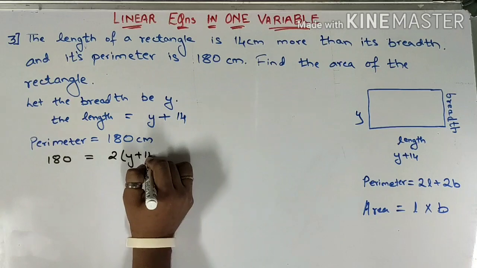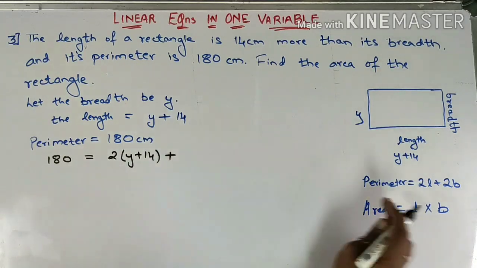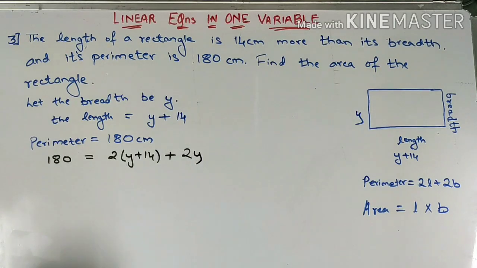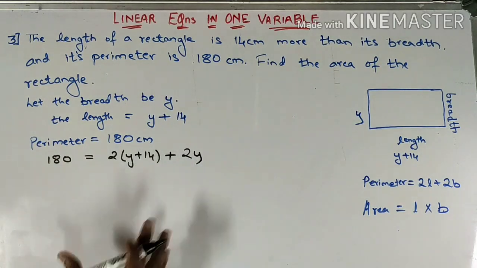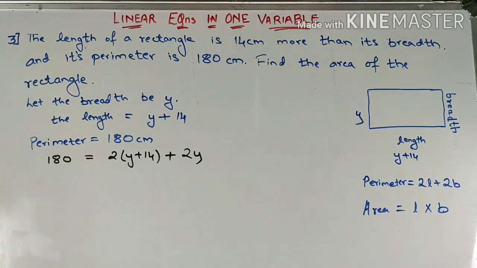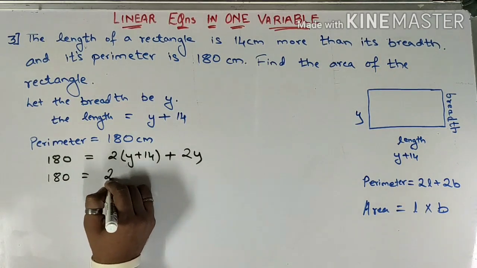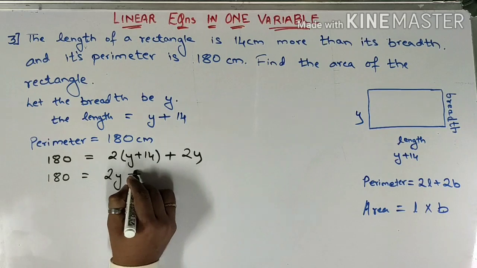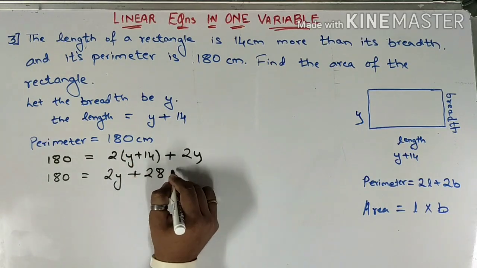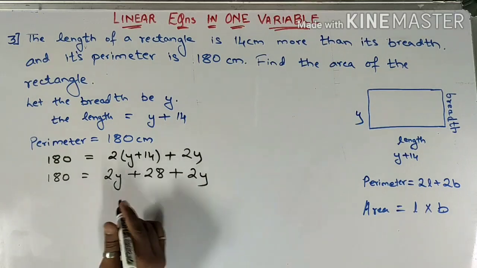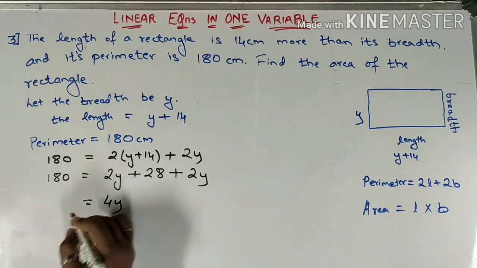Y plus 14 plus 2 into breadth. What is breadth? Breadth is y. Okay, so we simplify this. We have a linear equation. We will be simplifying it. So 180 is equal to 2y. 2 into y is 2y plus 2 into 14 is 28 plus 2y. So 2y plus 2y gives me 4y on my right hand side.